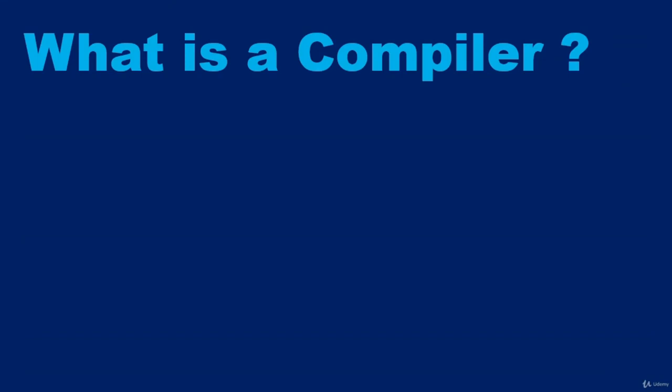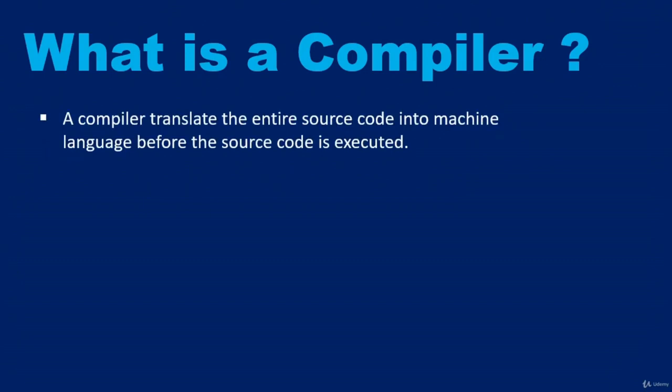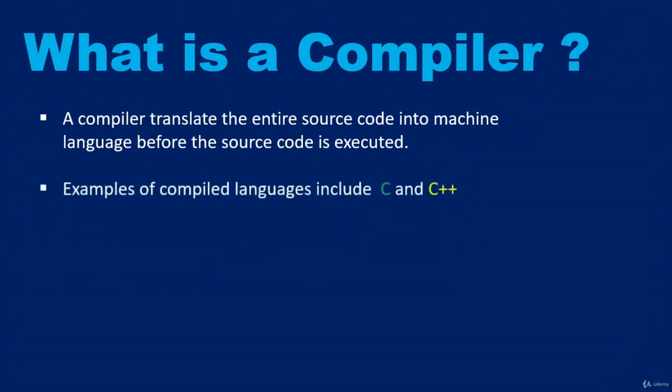So basically, for the computer to understand what it is you're trying to get it to do, you have to use a compiler to convert your code into a code that the machine can read. Examples of languages that are compiled, that means languages you have to compile before the code is executed, include C and C++.